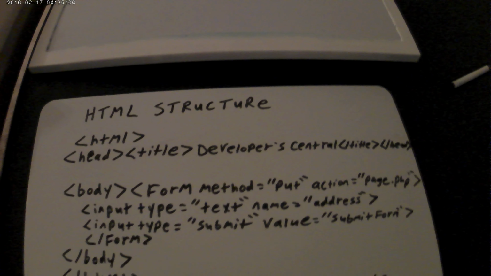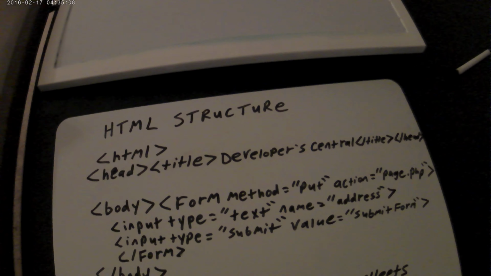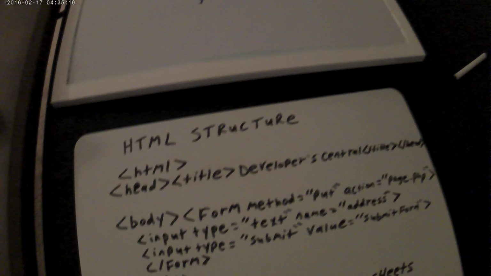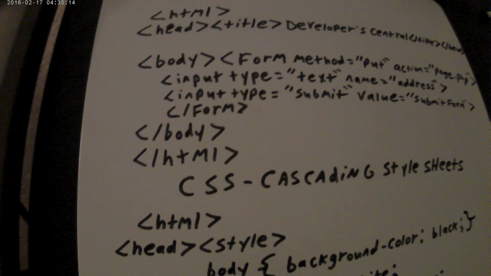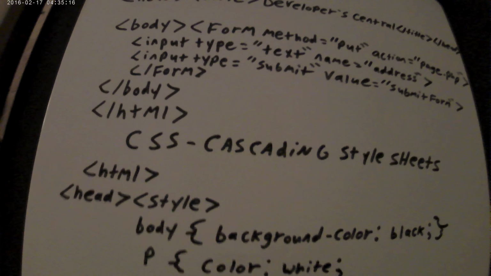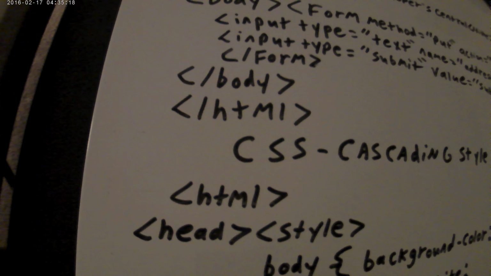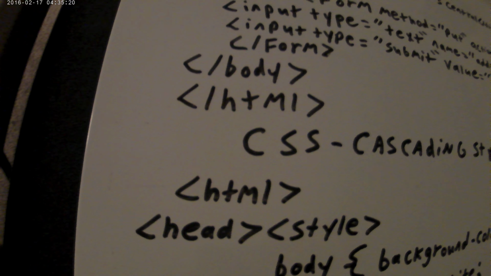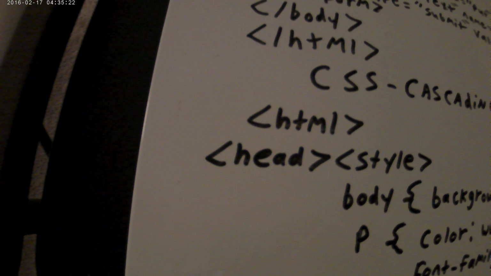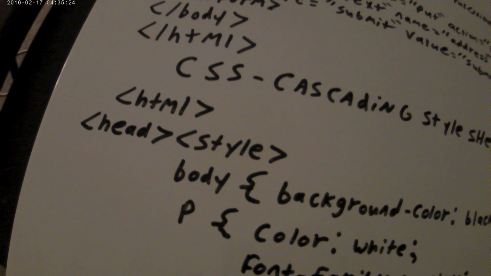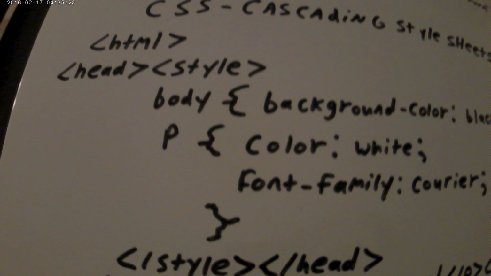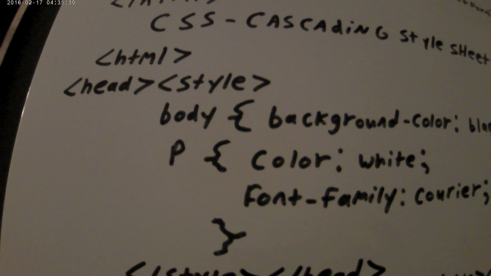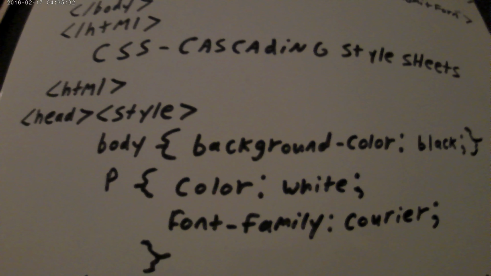The next thing I want to talk about is cascading style sheets. So here again we have our first HTML tag, followed by our header, followed by a style tag. And within both of these style tags, we have our style rules for our web page.